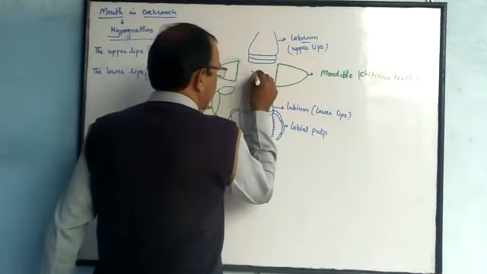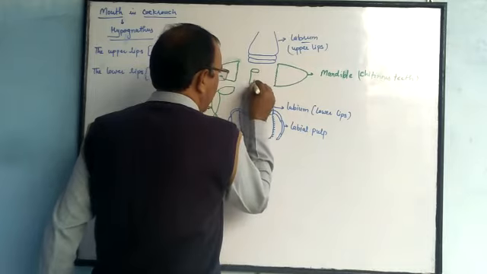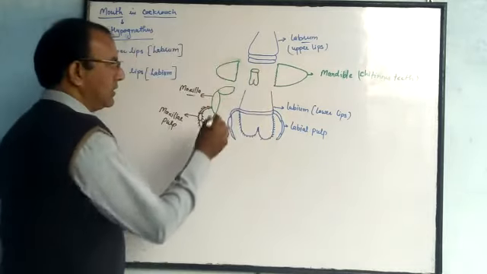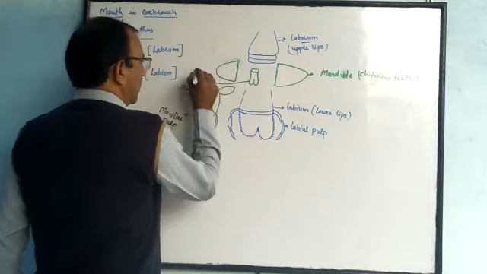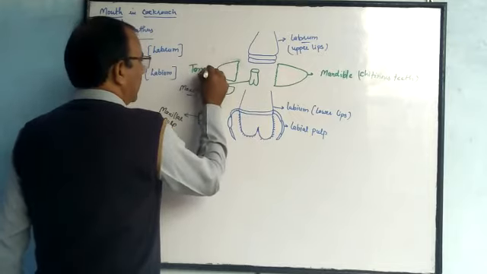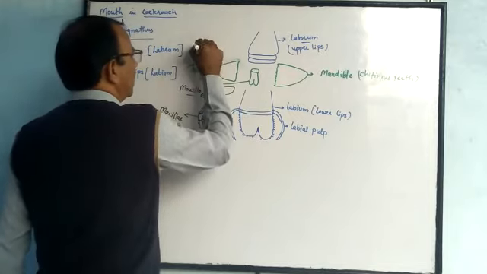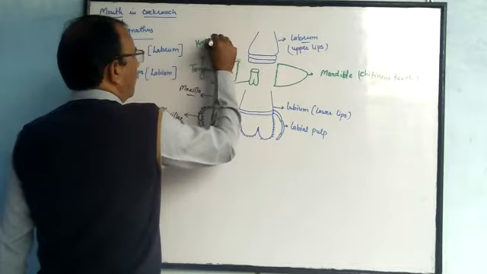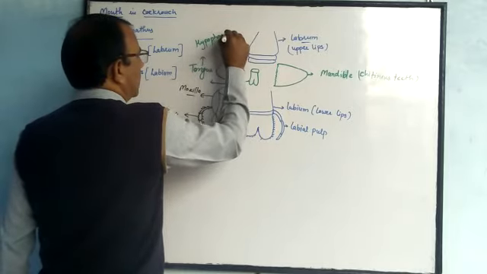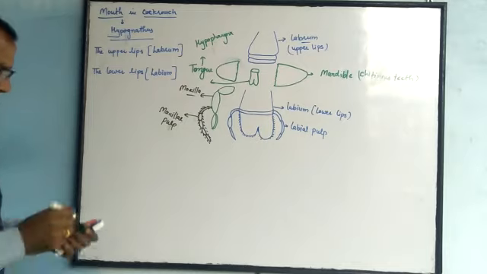It is a tongue-like structure. This acts as the tongue, and the tongue in cockroach is known as the hypopharynx.